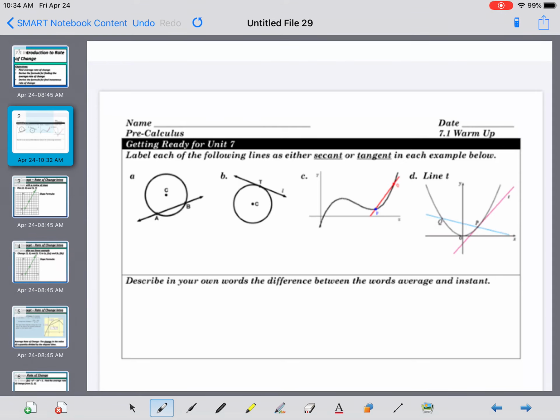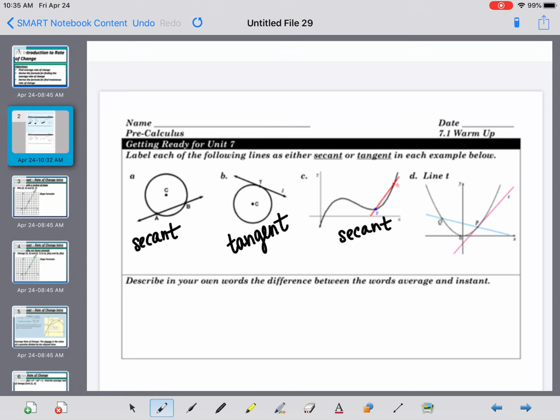So a secant line is going to go through 2 points on your graph. That means that graph A and graph C are both secant lines. A tangent line is going to go through 1 point on the graph.